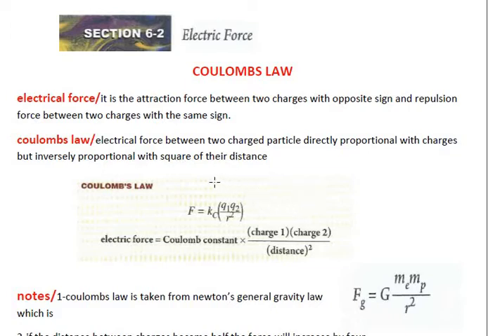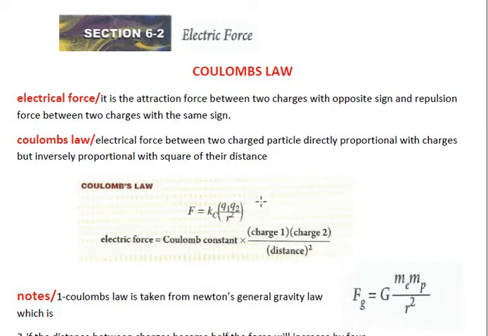So according to Coulomb, here we have the law. It says the electrical force Fc is the force that occurs as a result of two charges. Here we have Q1 and Q2 and the distance between them, r squared.